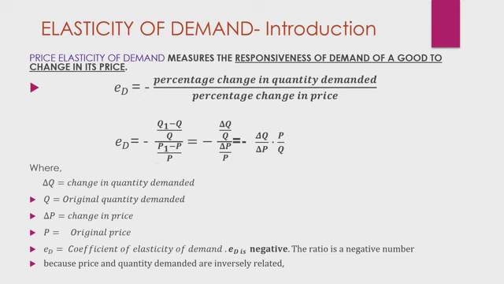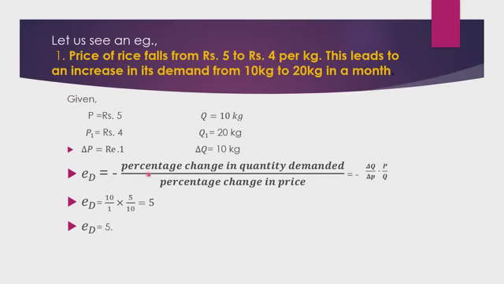Let us move to the next slide. Now if you see here, the price of rice falls from rupees 5 to rupees 4 per kg. So initially the original price of the rice is rupees 5 per kg. Now the price has fallen from rupees 5 to rupees 4. So the change is how much?